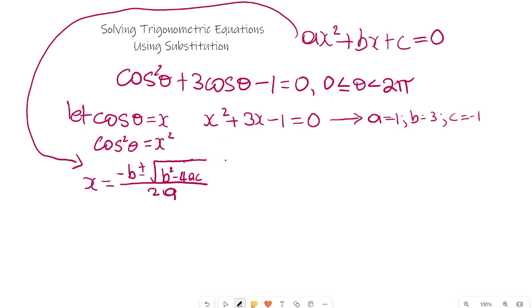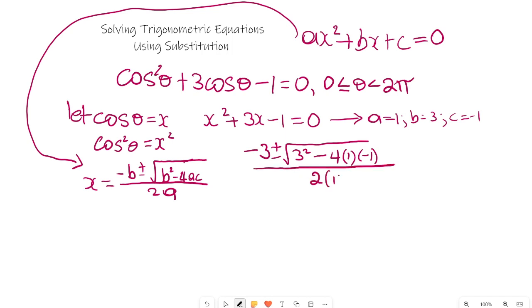So we'll plug this into our quadratic formula. We have negative b, so it's going to be negative 3, plus or minus the square root of 3 squared minus 4 times a, in this case 1, times c, which is negative 1, all over 2 times a. And so a is 1. I like to use parentheses because you never know. All right, so what does this give us?